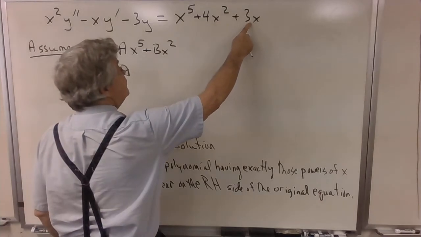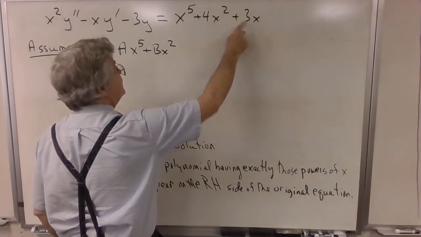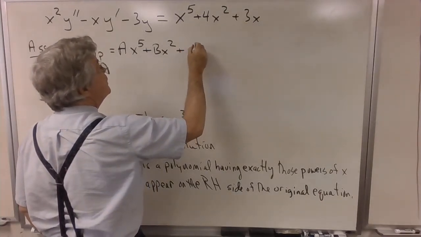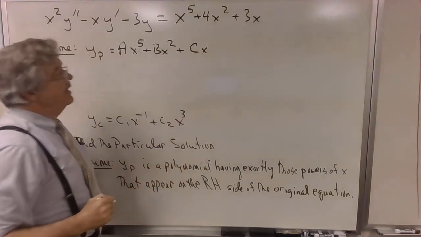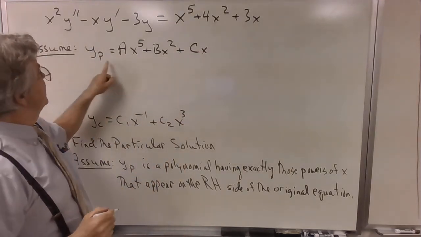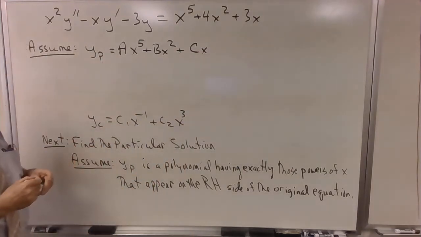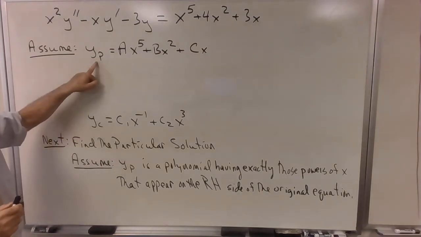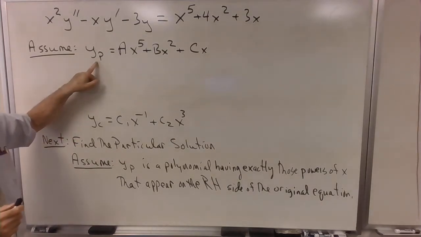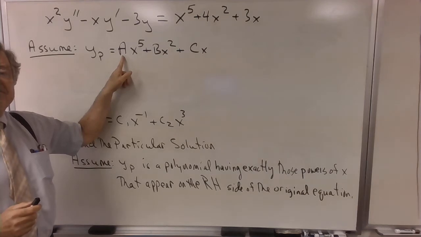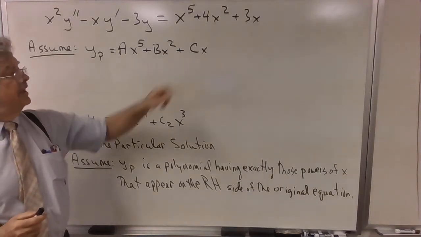And we have x to the first power in the original equation, so we'll assume that we have x to the first power in our solution. So this is what our particular solution should look like. We just need to find A, B, and C.